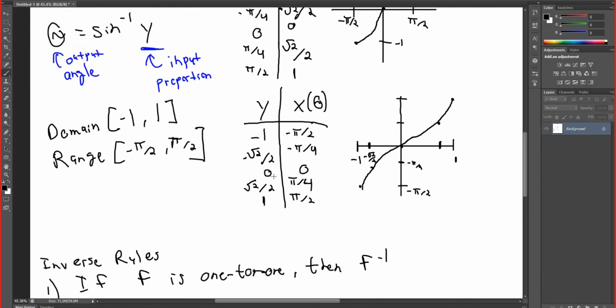If I were to continue graphing this inverse function here, it would start going back upon itself, so then it would go over to there, and then it would continue, and now it would no longer pass the vertical line test. I'm actually going to go do that in red.